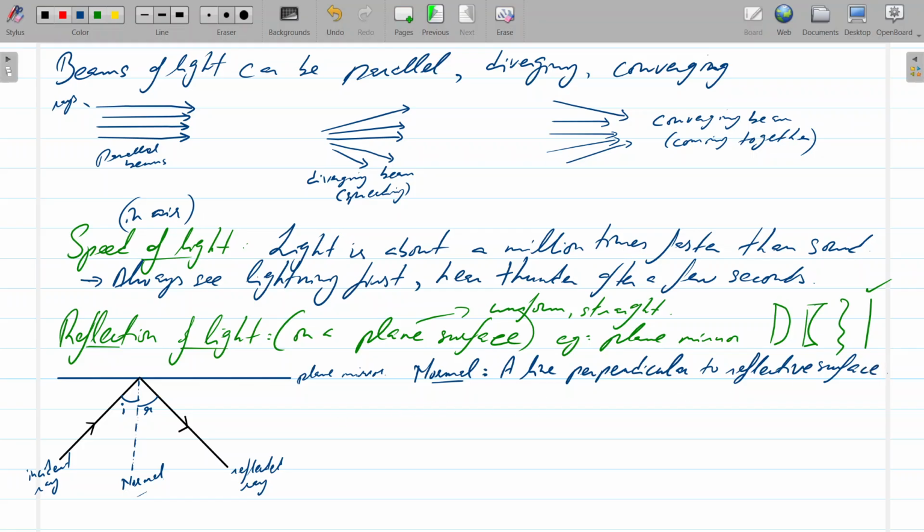Then you've got the angle of incidence. That is the angle between the incident ray and the normal, so not the outer angle.